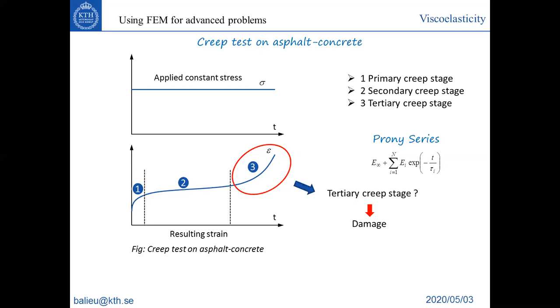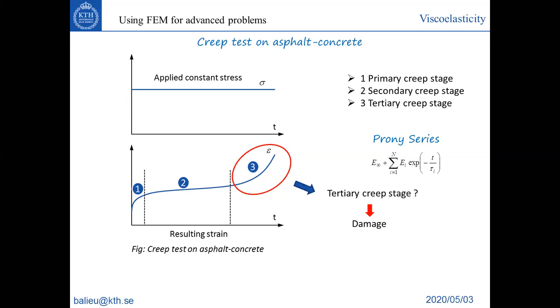But if you try to model the damage, or the tertiary creep stage, of such a material without a damage model, you can load your material for an extremely long time and you will never see the damage occur. Why? Because you don't use a damage model.